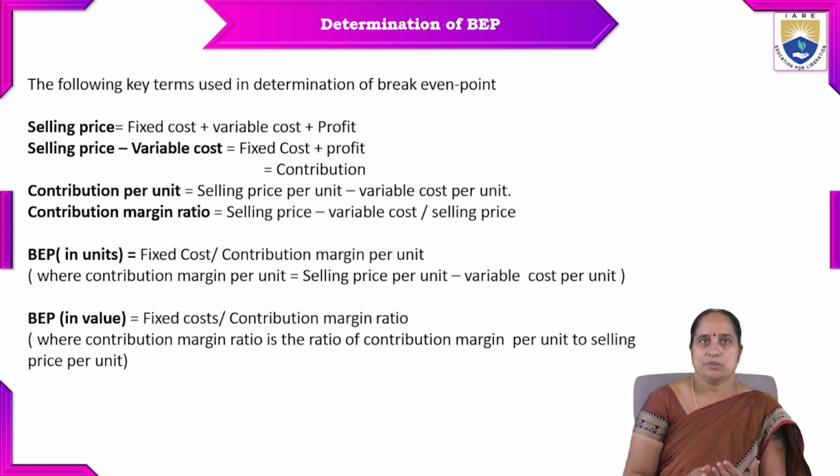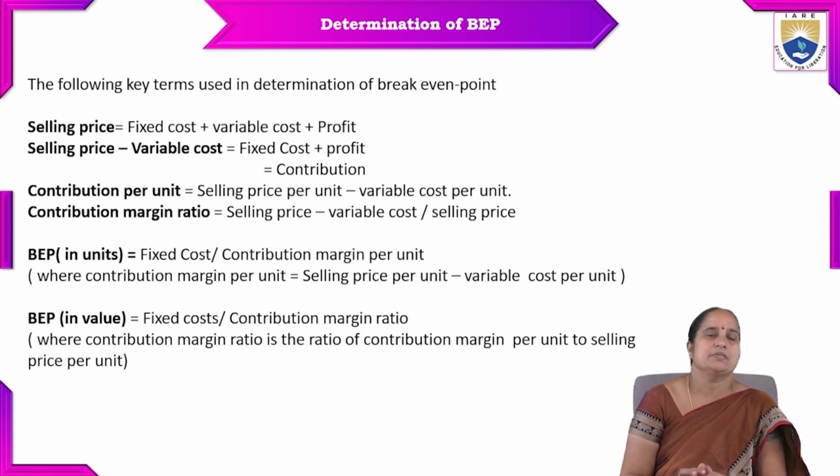Then, how do we compute the contribution margin ratio? The contribution margin ratio is equal to selling price minus variable cost, divided by selling price. The contribution margin ratio is also known as the P/V ratio.